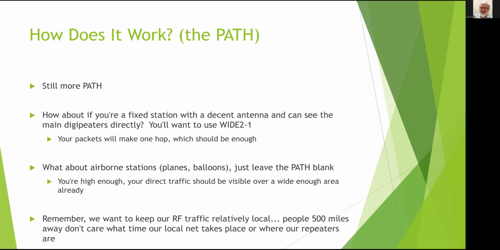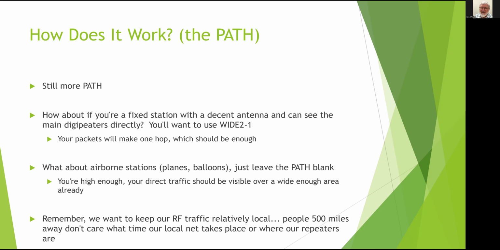Just as an example. All right, what if you're a fixed station? So you've got APRS running at your house, you've got a good antenna, and you can see the main digipeaters directly. Use wide 2-1. You're putting out enough power that anybody close to you is going to pick you up direct. The digipeaters will send you one additional hop. That should be typically enough.